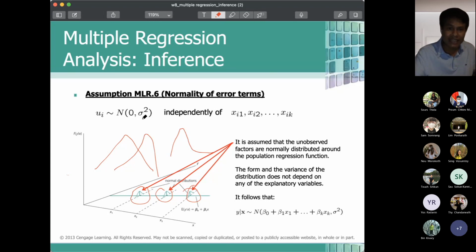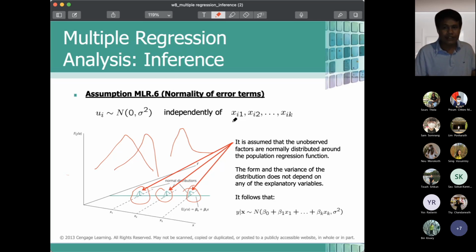So if it is normally distributed, assumption number 4 and assumption number 5 are met. The assumption is very short: we require assumption number 4 and assumption number 5 together, and we make assumption number 6. So if it is normally distributed, the mean of the error term equals 0, and the variance of the error term is constant, which means it is independent of x1, x2, or x3. It is not correlated with any of the x.